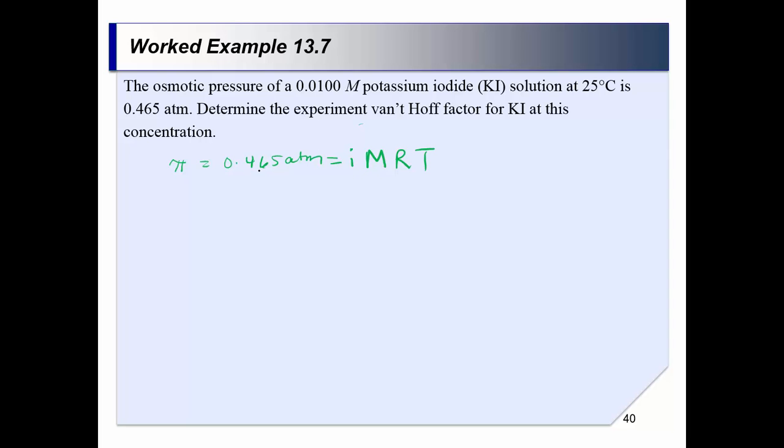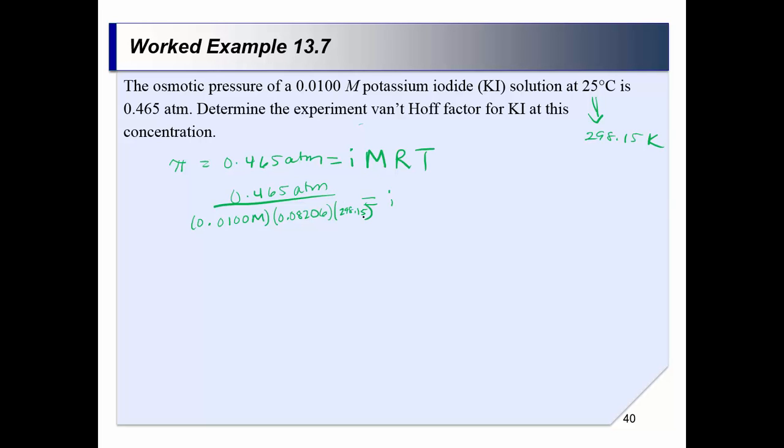So I'm going to fill in the numbers I know. I'm going to bring my MRT to the other side. The molarity is given to me, 0.0100 capital M molarity. R, I'm going to leave the units off just for brevity. And T is given to me at 25 degrees Celsius, but I know that has to be in Kelvin, so I'm going to call it 298.15.